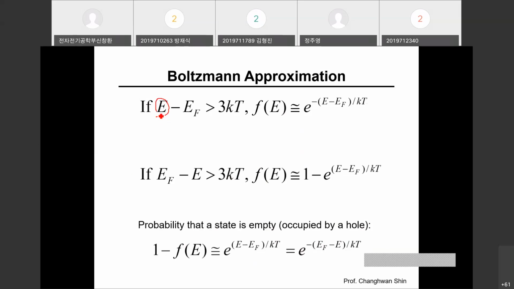Once the energy level or energy state is quite far away from the Fermi energy level, so imagine the energy band diagram again here. For pure semiconductor silicon material, EF is positioned in the mid gap, right?